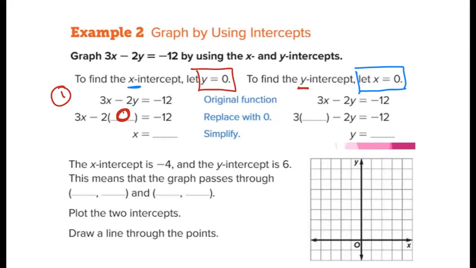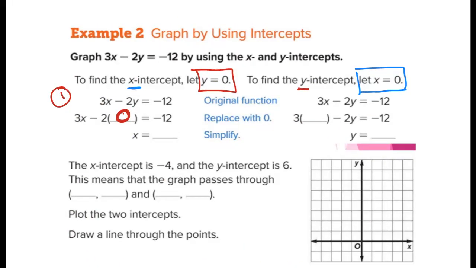When you put 0 in for y, Allie, that cancels out this amount. It turns out to be 0, right? So we have, I'm going to do this over to the side. I think I want you to do that to the side too. We have 3x minus 0 equals negative 12. So everybody see that? Because 2 times 0 is 0.